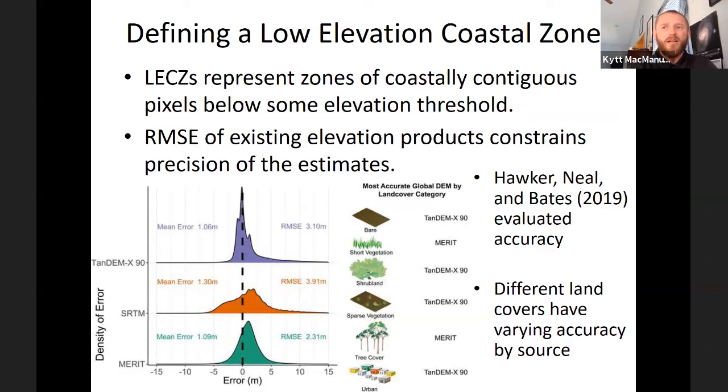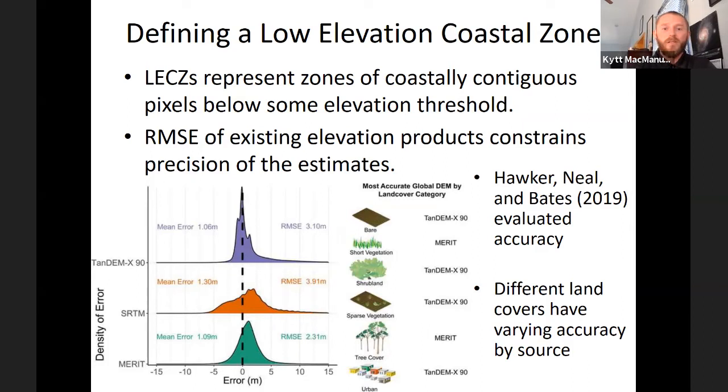The TanDEM-X elevation data set does very well in bare soil conditions or shrublands, whereas the MERIT DEM product has better accuracy in short vegetation and tree cover areas. Like I say, the accuracy is not stationary. It varies between different land cover types. It varies throughout space.